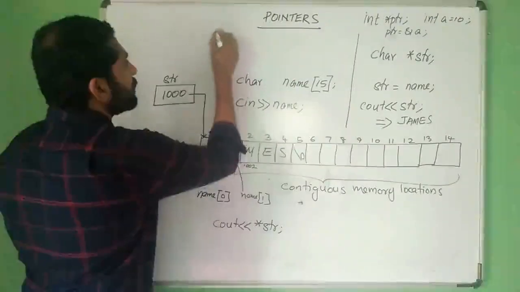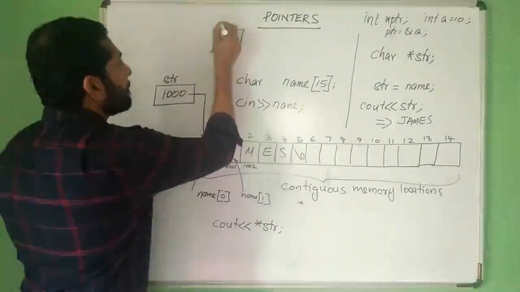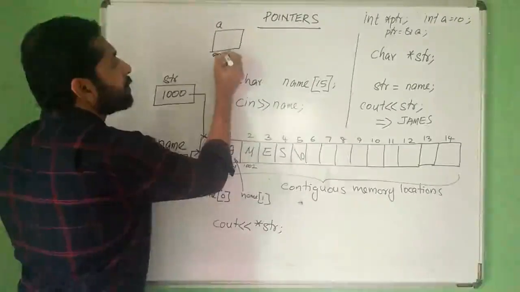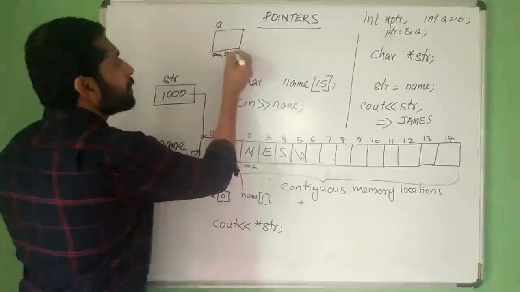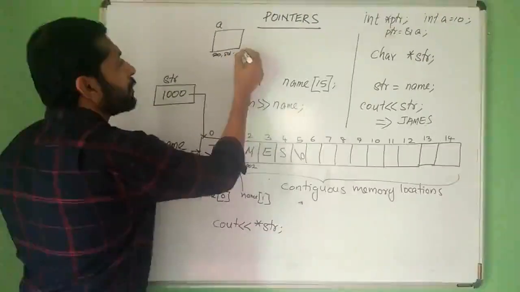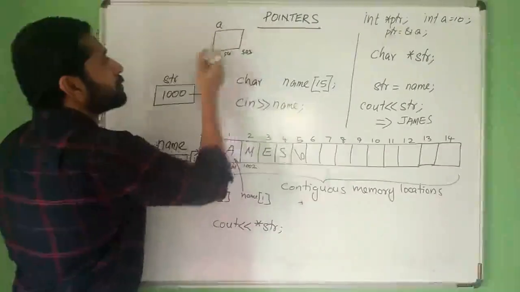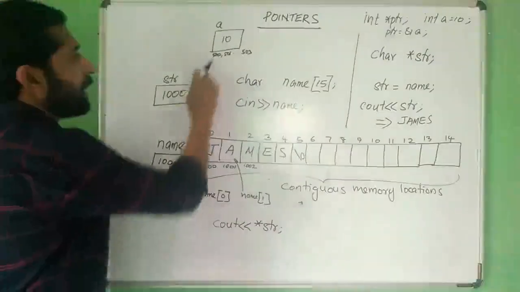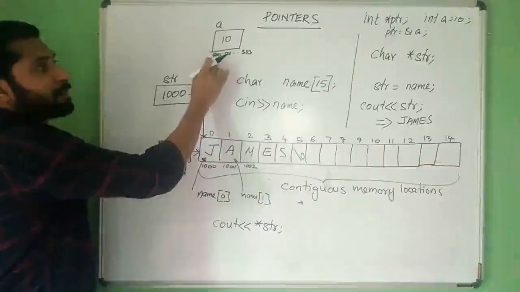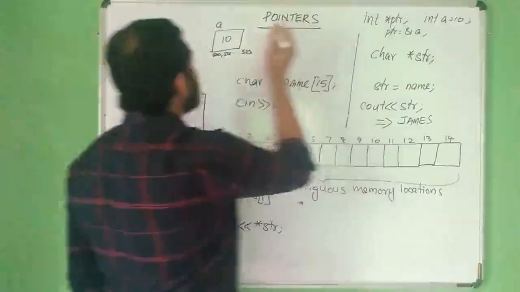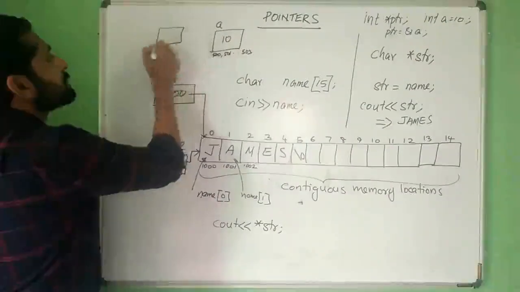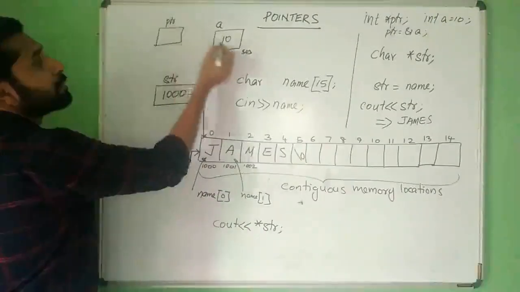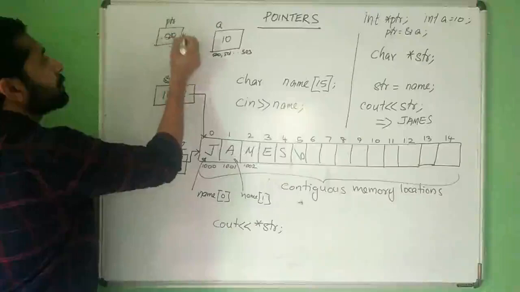We know this is a. It has some address like this, 500, 501, and so on, up to 503. 4 bytes are used. This contains 10. The address of this a is 500. So ptr equal to address of a gives, this is ptr, and the address of a is 500.